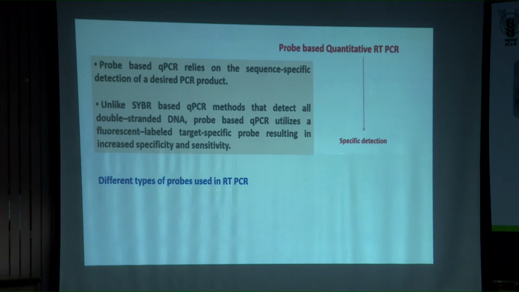In this particular nucleotide sequence, you are going to add some chemicals. One chemical is called the reporter and another chemical is called the quencher. In other terms, you have a short nucleotide sequence which is very specific for the target, and you have a 5' end and a 3' end.